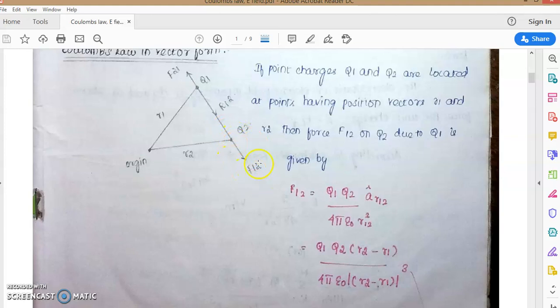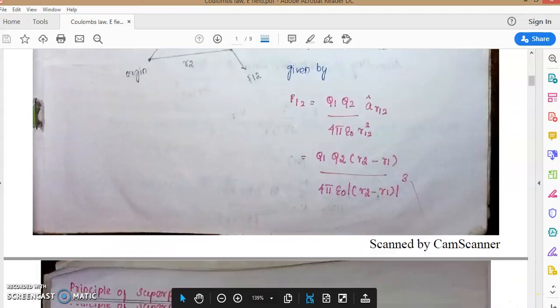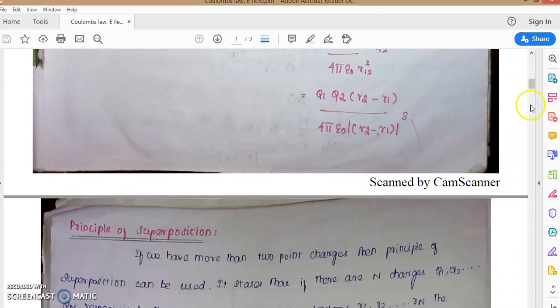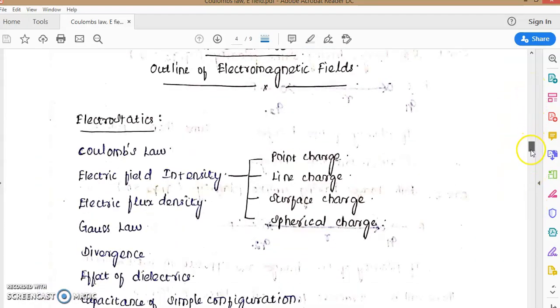So from our point of view, we should first subtract R2 minus R1, divided by R2 minus R1 the whole cube. Let me clearly explain this to you.